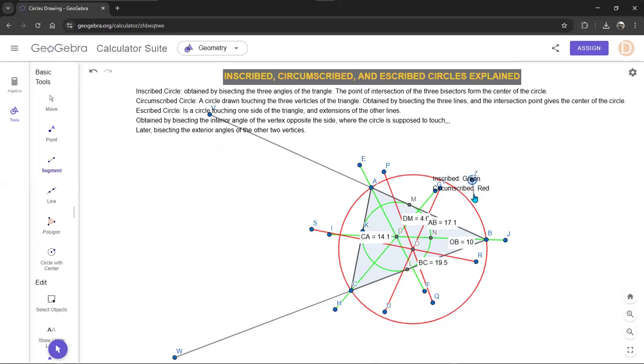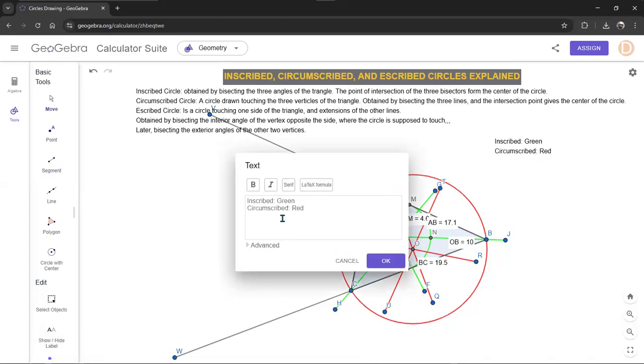Let me move this one. So we need a new color for this escribed circle. And we can add touching side AC, which is the shorter side.